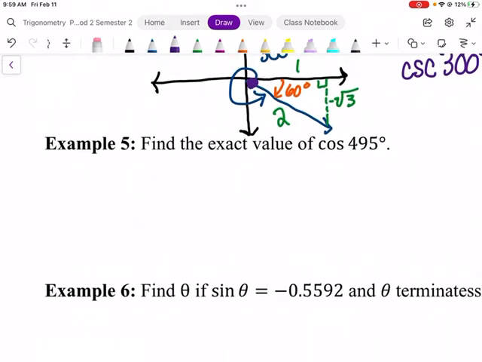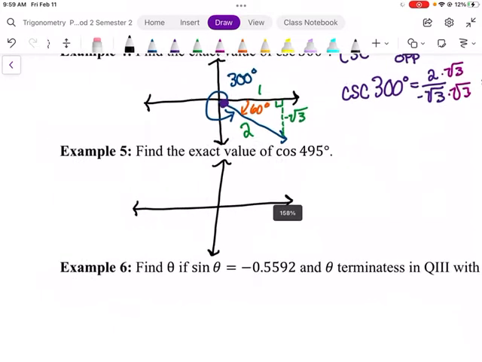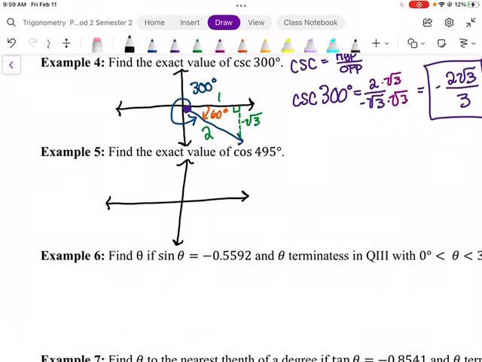Okay, our next example 5. We're going to find the exact value of cosine of 495 degrees. So off the top of my head, I have no idea what quadrant that is. So I am going to figure out a coterminal angle with that by subtracting 360 degrees.